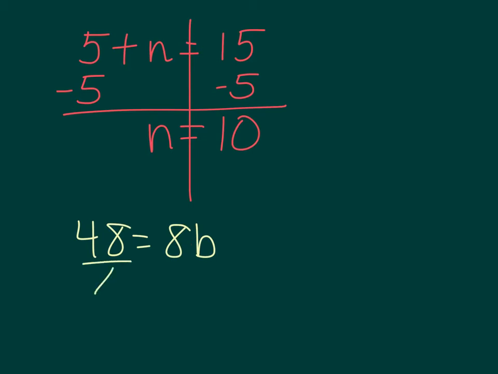We'll divide this side by 8, and we'll divide that side by 8. The 8's cancel over here. And remember that the fraction bar means division, so 48 over 8 means 48 divided by 8, which is 6. So we have 6 is equal to b. Once again, we used the inverse operation to help us solve that problem. You could also use mental math in some of these cases, and that would be fine as well.